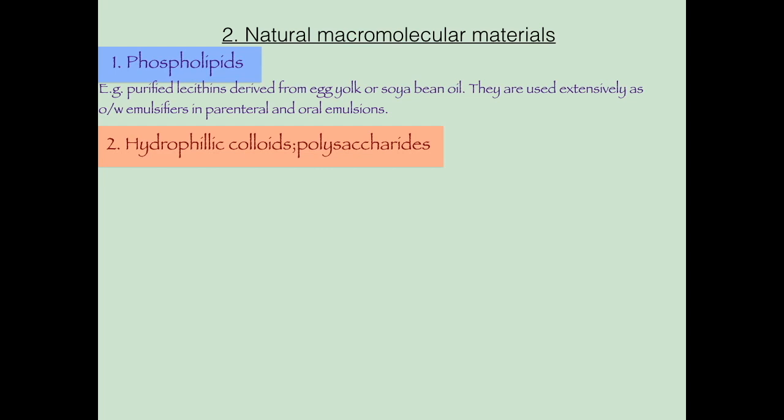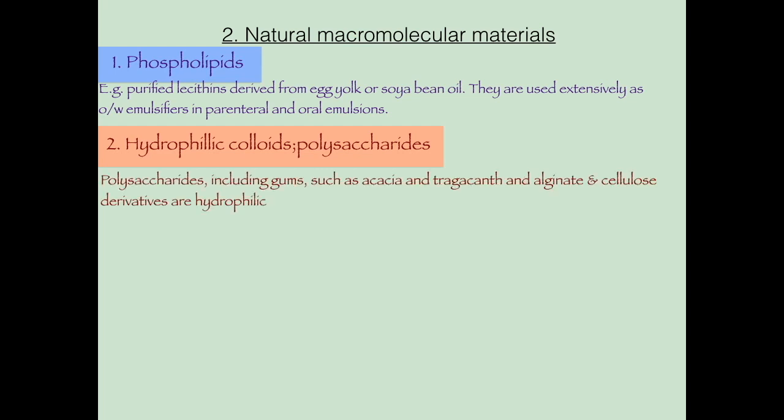Next class is hydrophilic colloids or polysaccharides. Polysaccharides including gums such as acacia and tragacanth, alginate and cellulose derivatives are hydrophilic colloids that are predominantly used as emulsifying agents in oral preparations. They are not usually used in topical preparations because they render an unpleasant feel to topical emulsion.